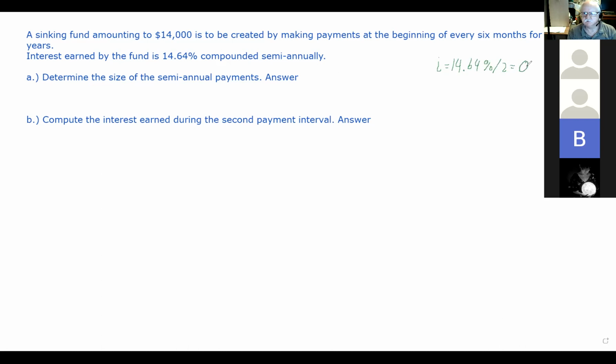So I'm getting 0.0732, but I'll definitely store that in register 1. And we want to know N. And it's 3 years, twice a year. So we don't need to store that.